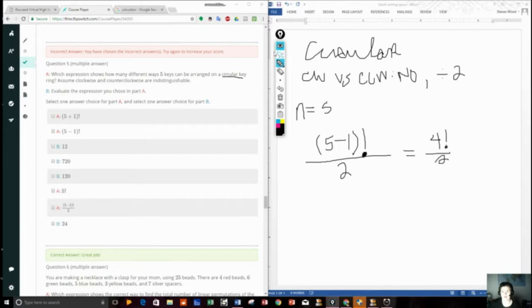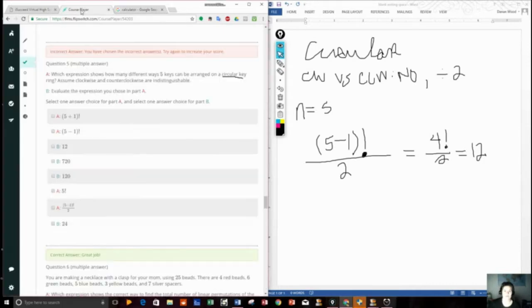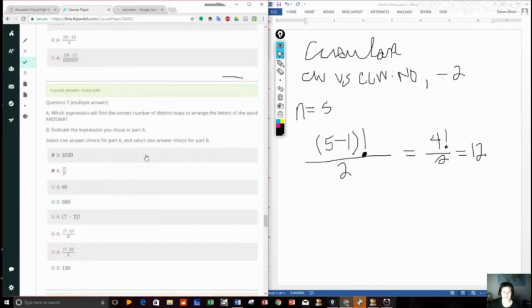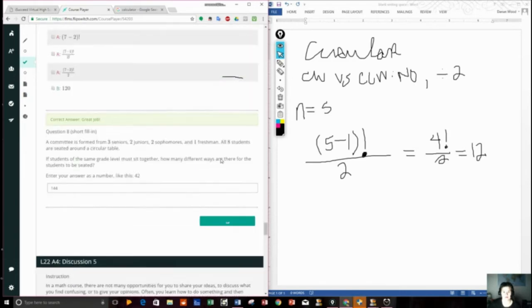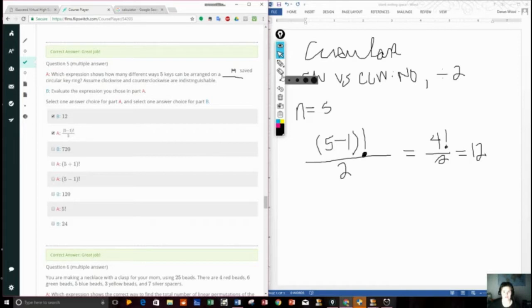So then we're going to come up here to our calculator: 4 factorial divided by 2. That equals 12. So we have 5 minus 1 factorial divided by 2, and 12. So we're going to submit this for grading. Great job.